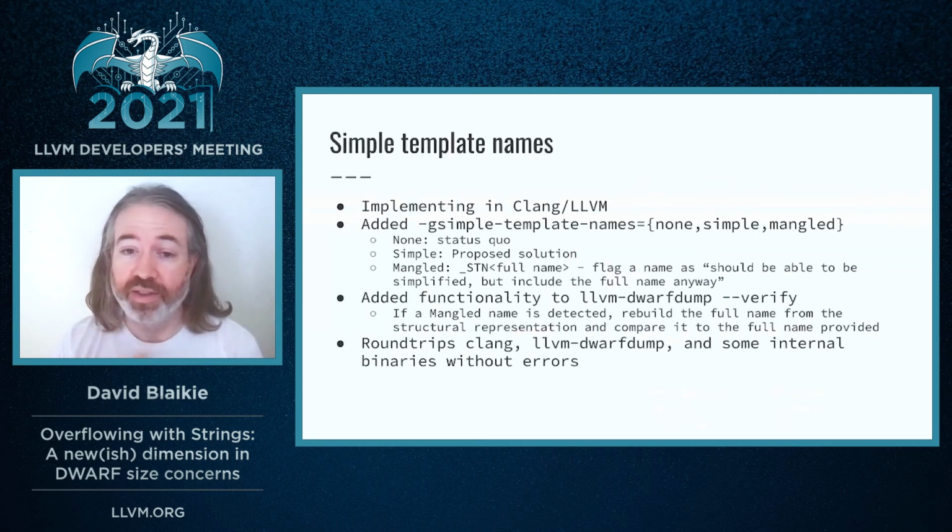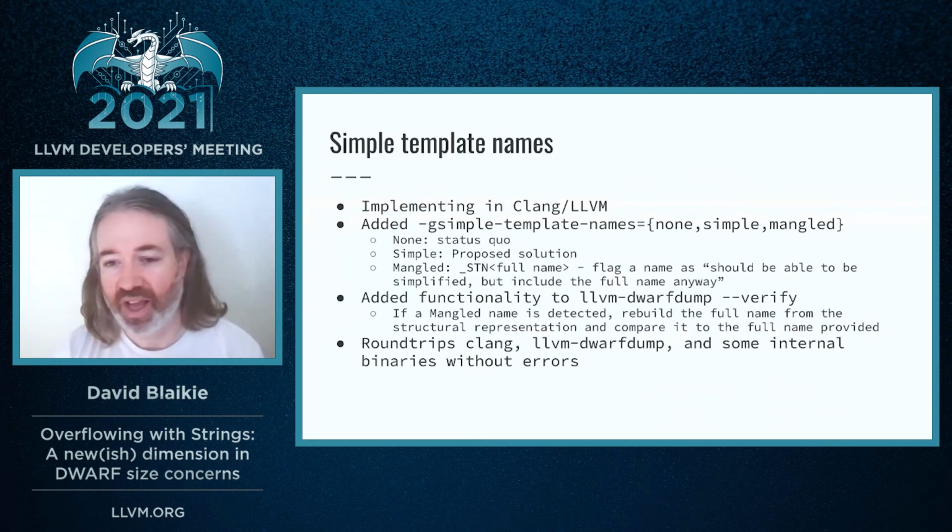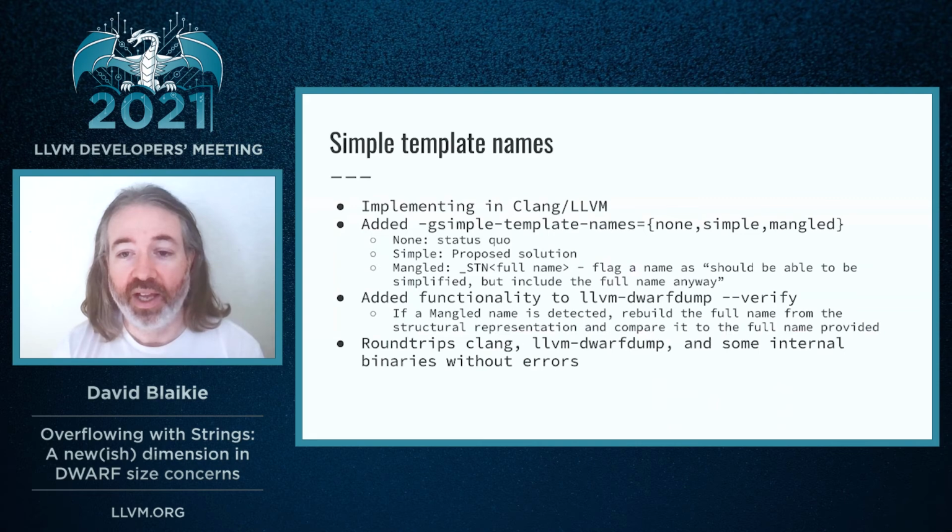So I set out to work on the simplified textual names. I haven't addressed the linkage names at the moment. Most of this is already upstream. I'm just haggling over a few of the finer details, but the feature is implemented in Clang with three modes in the flag.